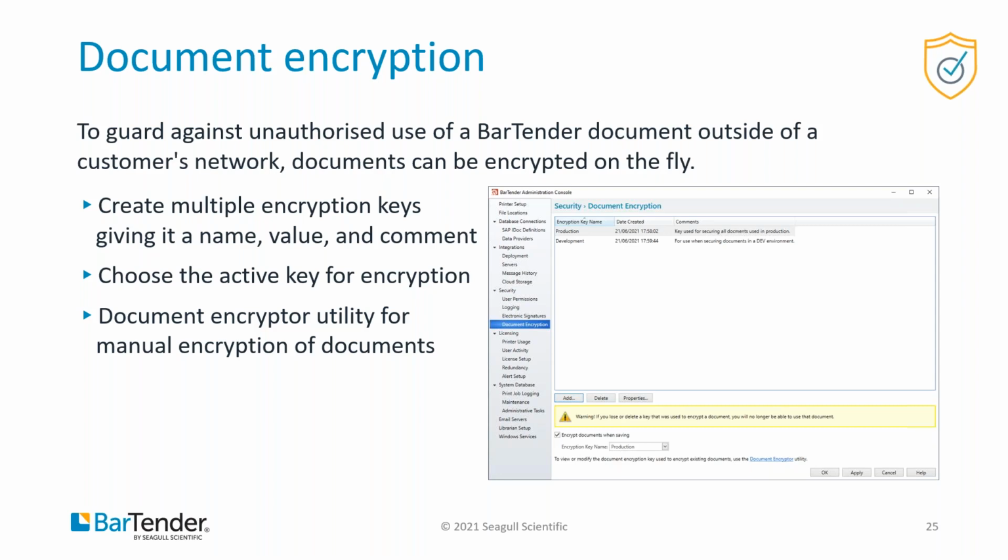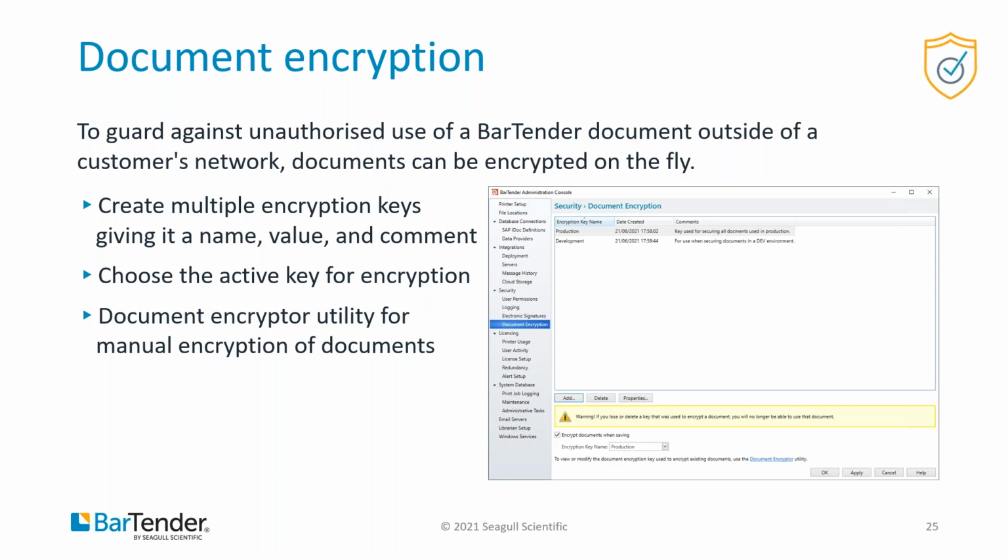And you can manually choose to encrypt a document with a key, whether it's to encrypt it from scratch or to re-encrypt it with a different key. So that's a utility that allows you to perform those manual processes. Document encryption is very useful in work to prevent counterfeiting.